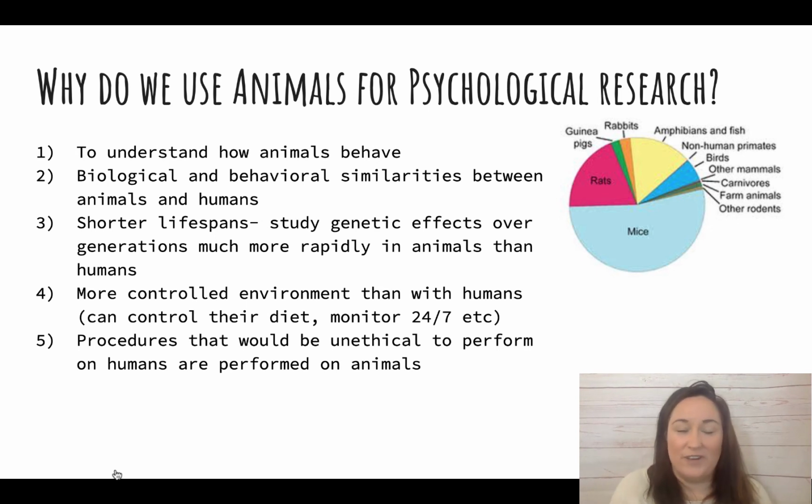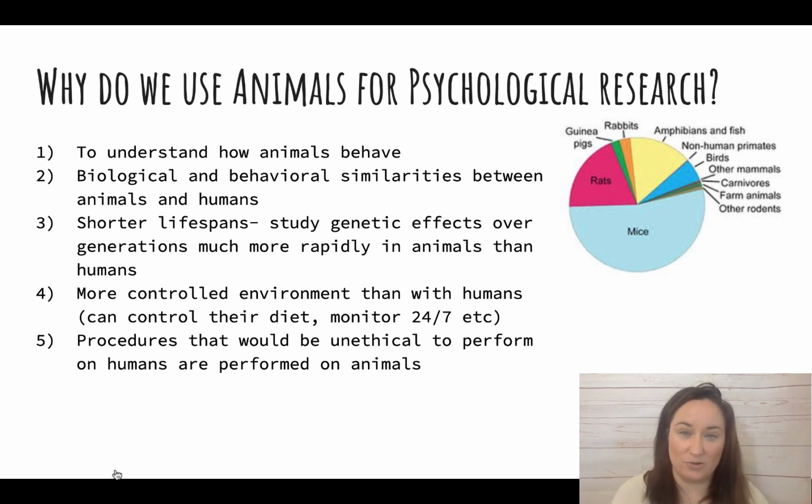And it's also a very controlled environment. If we're trying to see the effects of eating highly processed foods over time, they have a shorter lifespan, and I can control an animal's diet in every way, where I can't really do that for humans, or humans are just less likely to agree to a study like that.